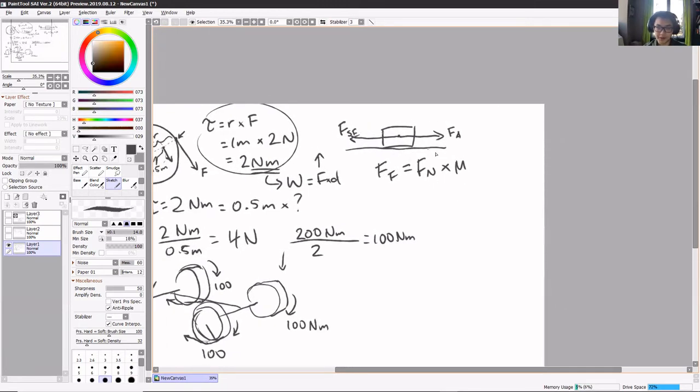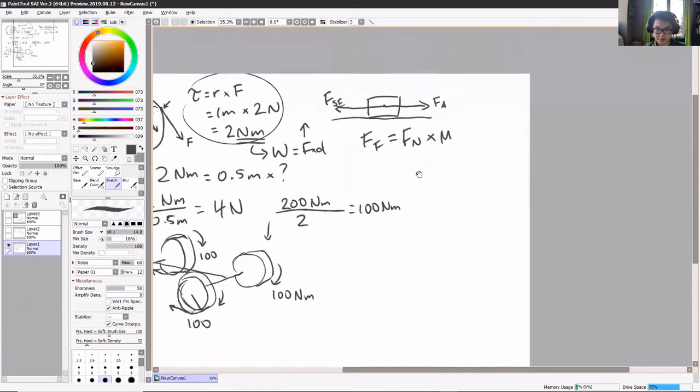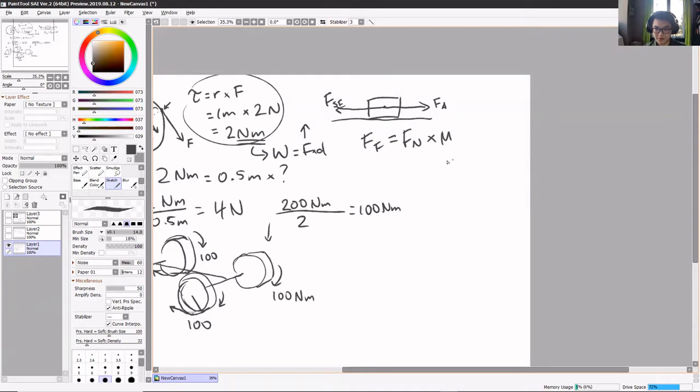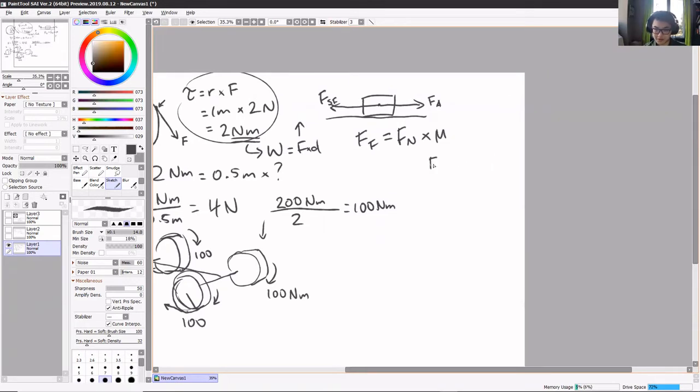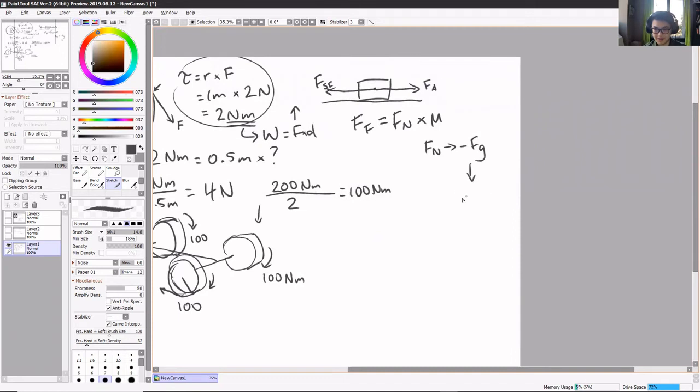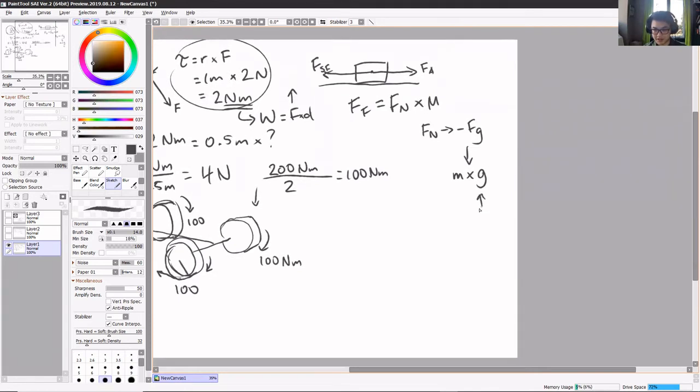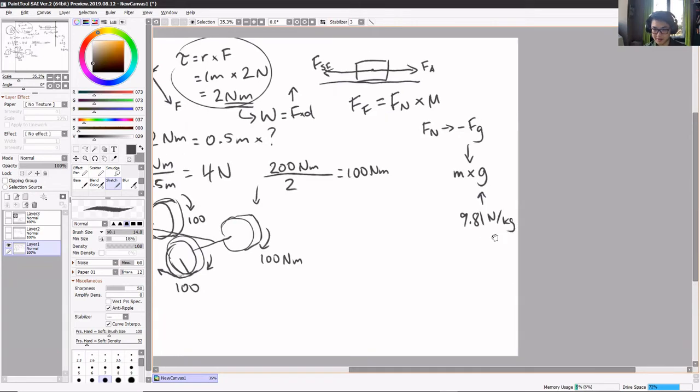So how do we find the normal force for an object just sitting on the ground? When the ground is perfectly flat, the normal force is equal and opposite to the gravitational force, which is equal to the mass times the gravitational field strength of Earth, 9.81 newtons per kilogram.